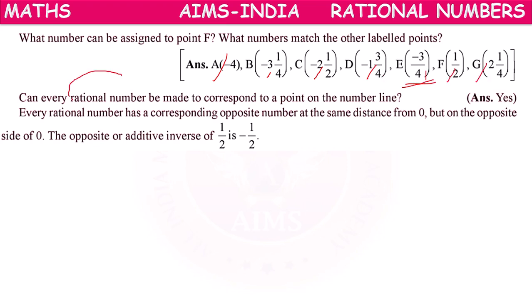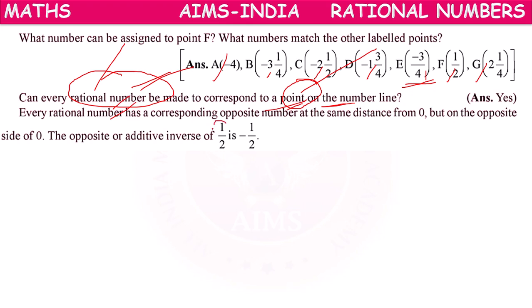And every rational number is represented with the help of a point on the number line. So for every rational number, there will be a point, or for every point, there will be a corresponding rational number.